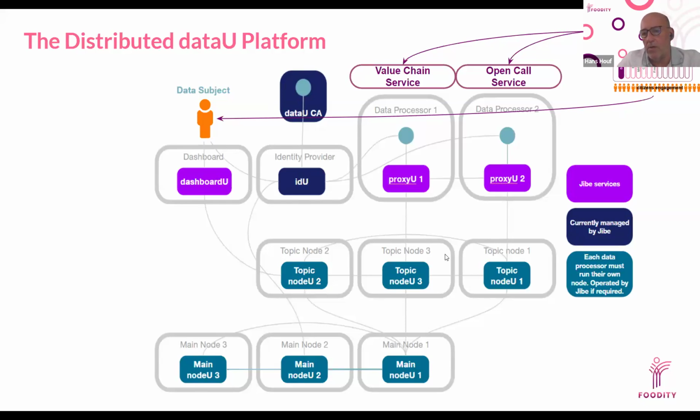And we have topic nodes, which are in fact blockchain nodes in which the consents are stored. Once a consent is stored, it is possible to share data from the data subject to a data processor, or between data processors. That gives a high-level overview of how it is organized.